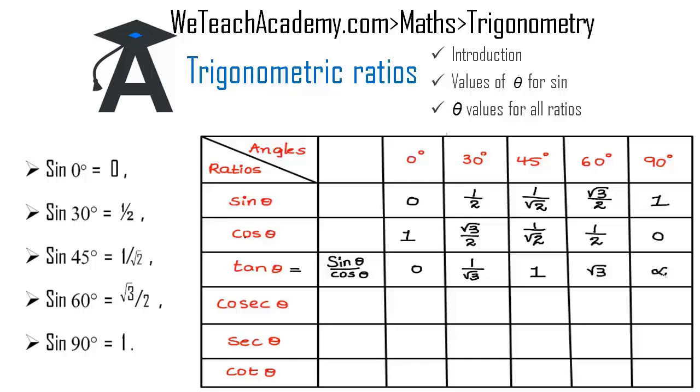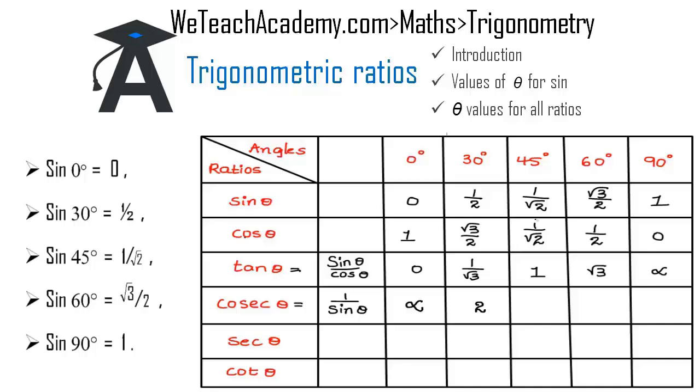Now coming to cosecant theta. Cosecant theta is equal to 1 by sine theta. So the reciprocal of sine theta will be the values for cosecant theta. So 1 by 0 is not defined, and then the reciprocal of 1 by 2 is 2, which is the value for cosecant 30 degrees.